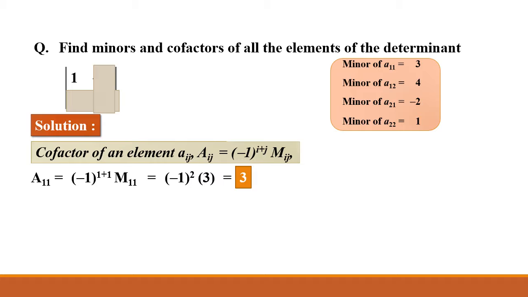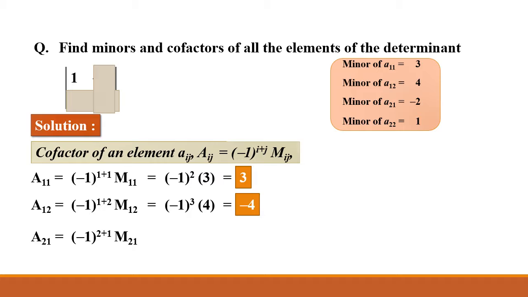On simplifying we get the cofactor as plus 3. Next, A12 will be minus 1 raised to 1 plus 2 M12, and M12 is equal to 4. On simplifying we get minus 4. Next, A21 will be equal to minus 1 raised to 2 plus 1 M21, which is equal to minus 1 raised to 3 into minus 2. So we get plus 2.